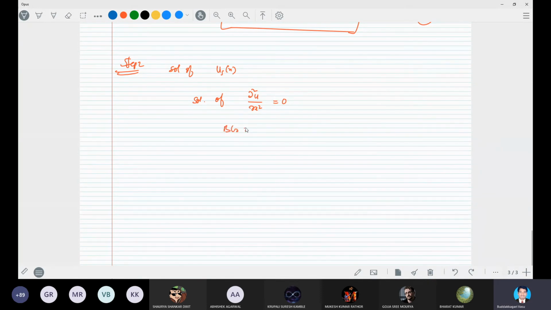The boundary conditions are the new conditions, u(0,t) is equal to A1 and u(L,t) is equal to B1. Now solve this one. Okay, this will give you us(x) is equal to (B1 minus A1) by L into x plus A1.